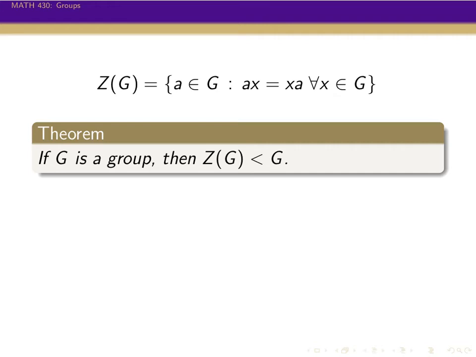So let's prove that. Again, we're going to use the two-step subgroup test, so we need to show that it's closed. So let's let A and B be inside of the center.